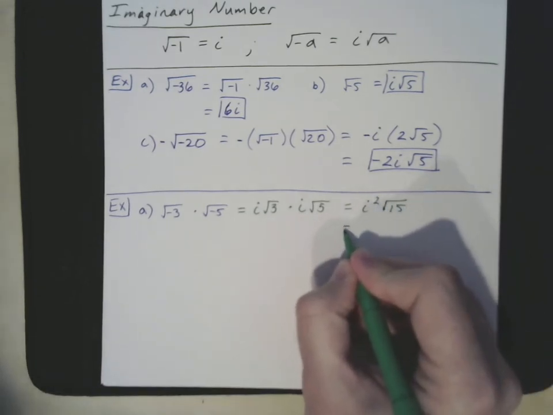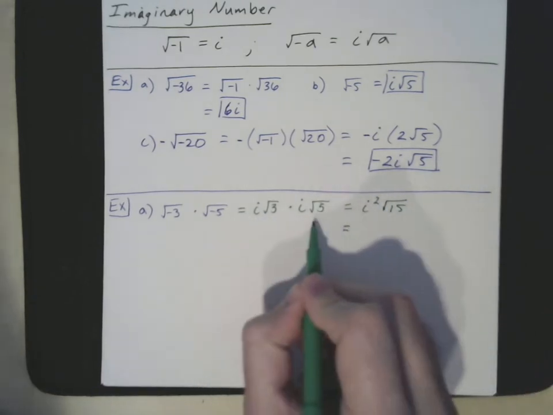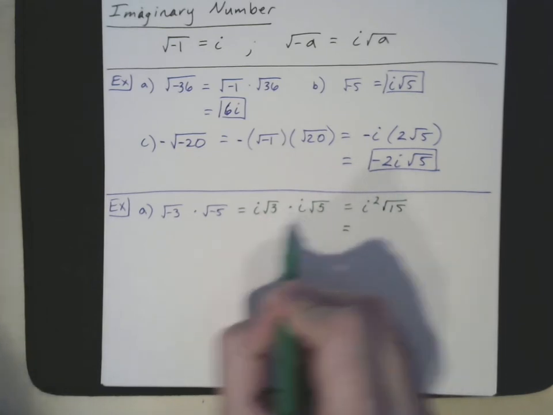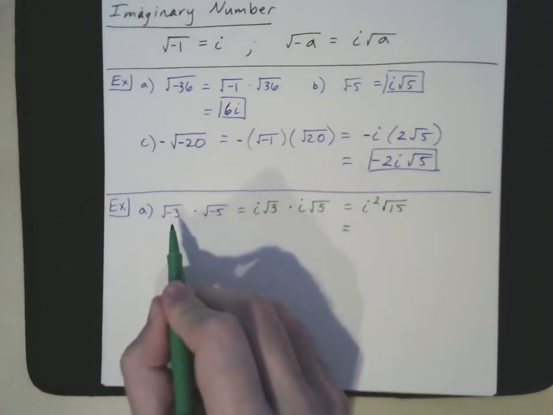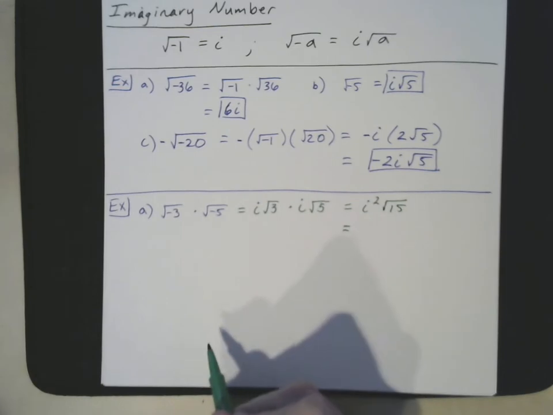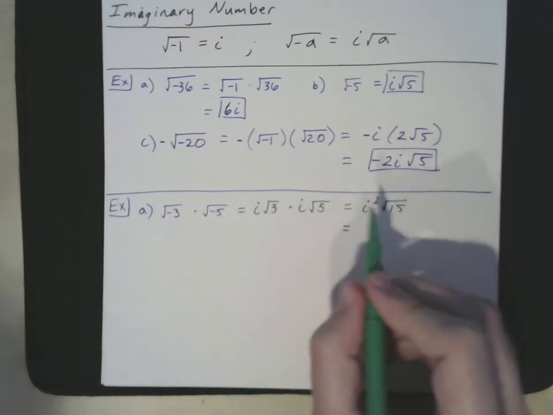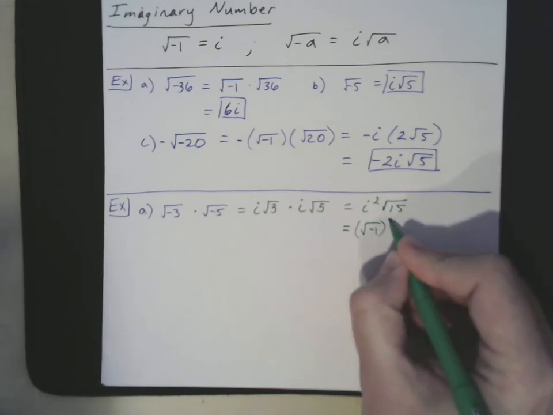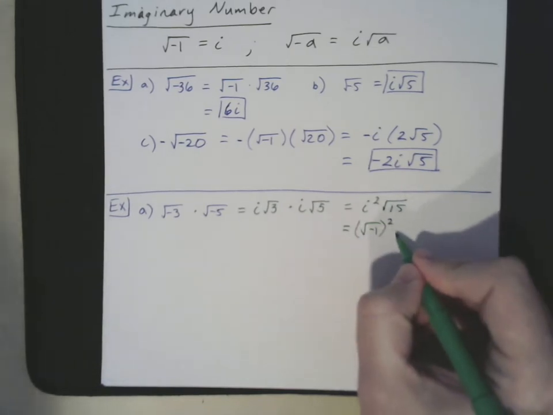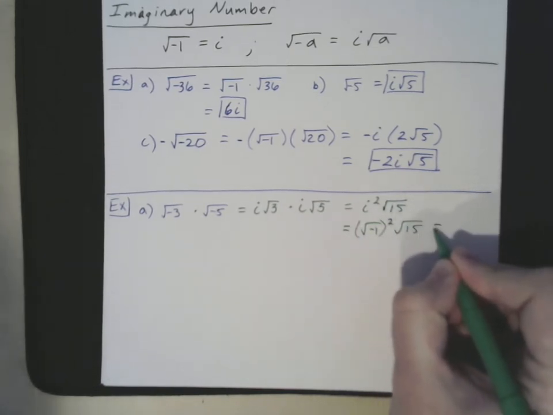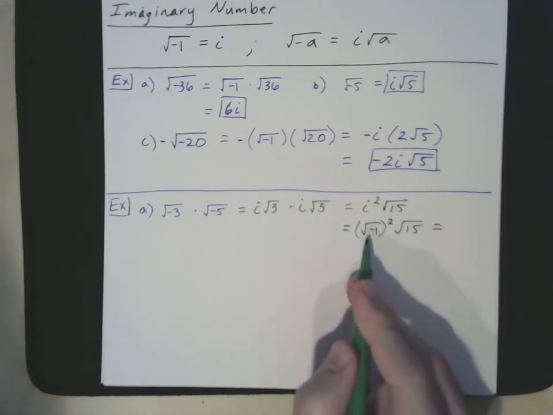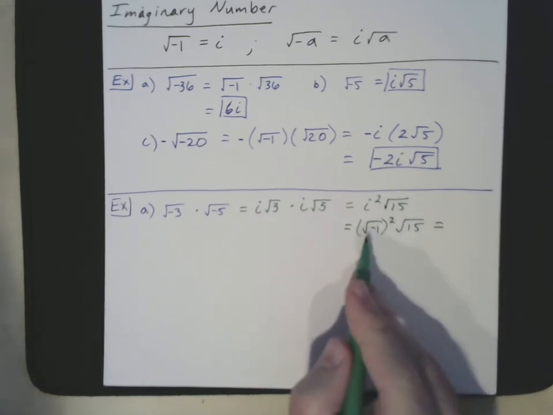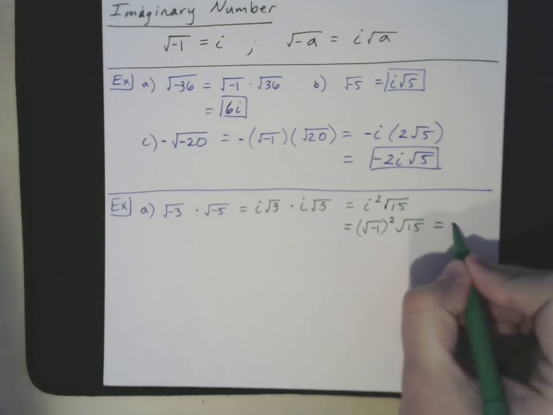So you just want to make sure that you're doing the i first. So if you have a negative under a square root, make sure you pull the i out before you do anything else. And if you think of what i is, it's the square root of negative 1 squared. So the square root squared cancels. It's negative square root of 15.